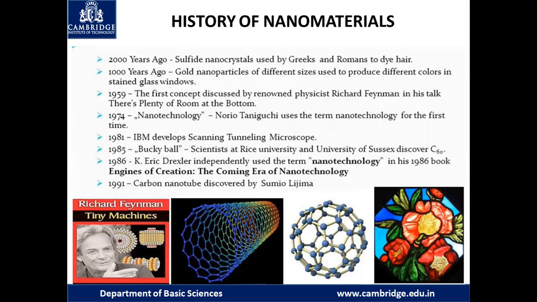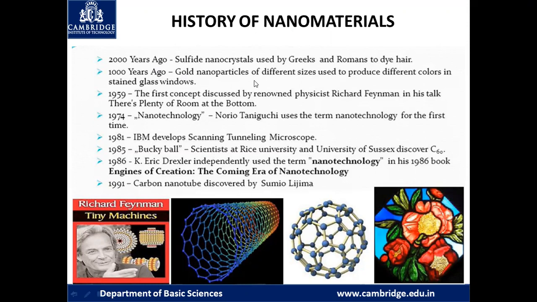History of nanomaterials. Nanotechnology appears to be a modern technology, but its existence was there from ancient times. Greeks and Romans used sulfide nanocrystals to dye their hair 2000 years ago.